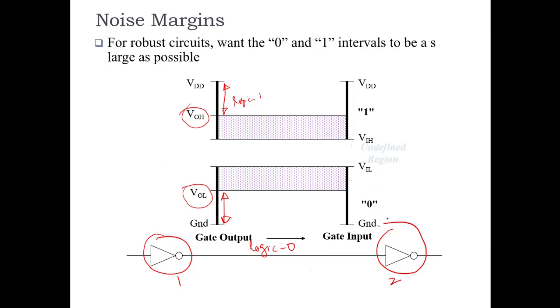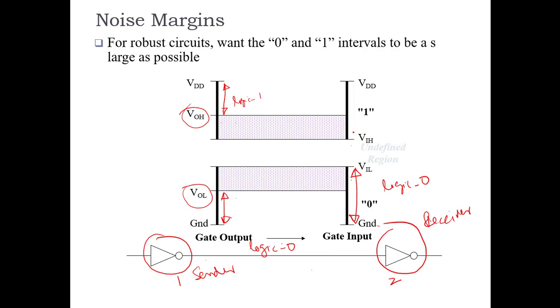Okay, now coming to, so this is our sender and this is our receiver. On the receiver side, if my receiver receives any voltage that is between 0 and VIL, it will say it is logic 0.